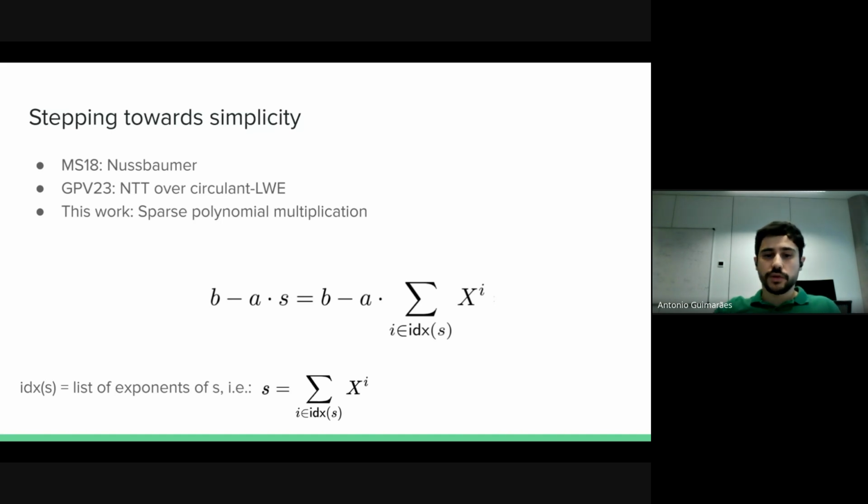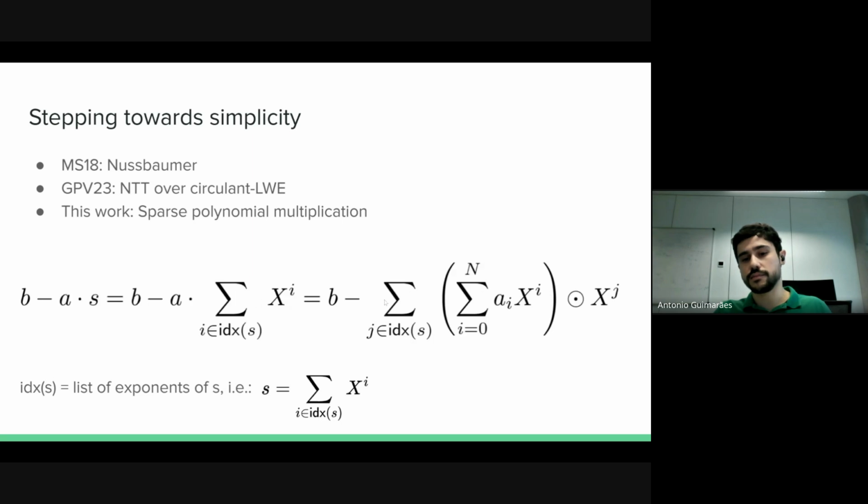But we will start with two additional assumptions. One is that s is sparse, and just for now that s is binary. Later we will remove this additional requirement that s is binary. Clearly, this multiplication, if we have a small amount of indexes in s, so we have a small amount of non-zero monomials, we can compute it like this.